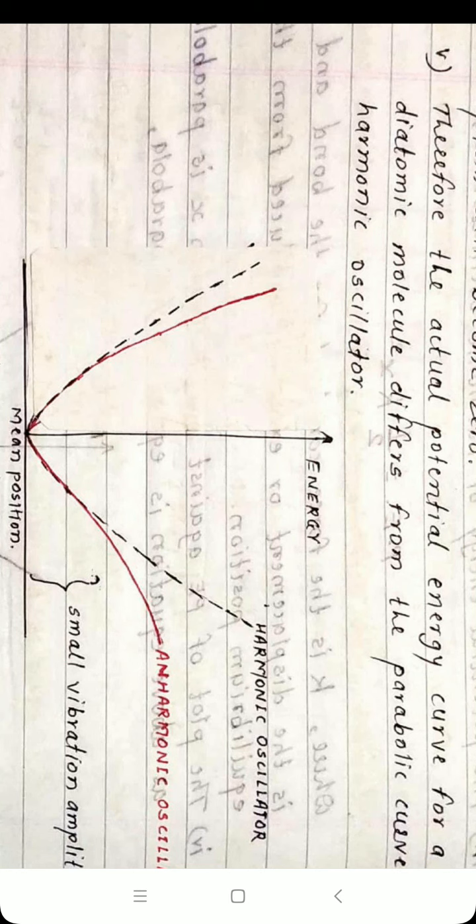The graph shows that when the value of x is small, the two graphs overlap with each other.